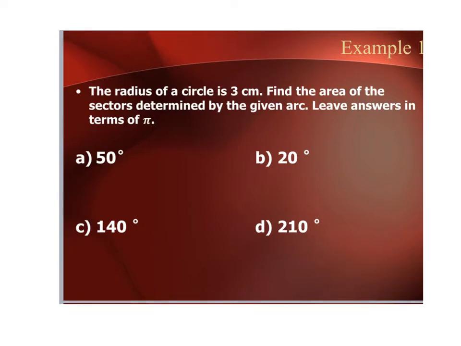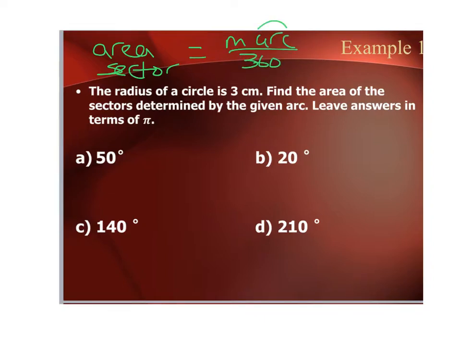The area of the sector is equal to the measure of the arc, that's the number that they're giving you, times pi r squared. And in all of these, our radius is 3. So when we go to do this, we're going to do 50 over 360 times 3 squared pi. 3 squared turns into 9.